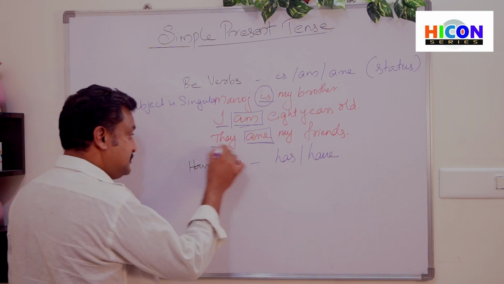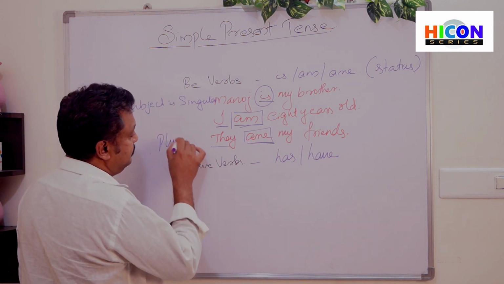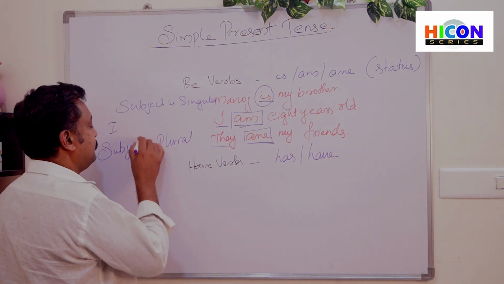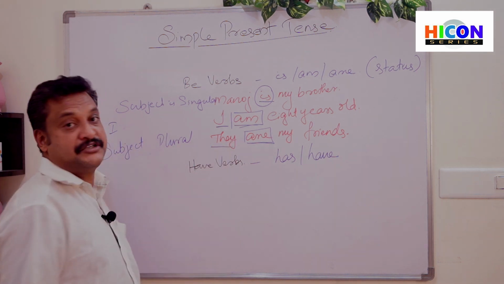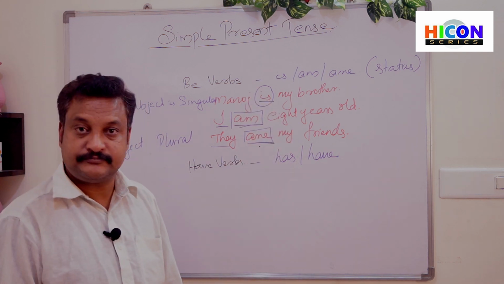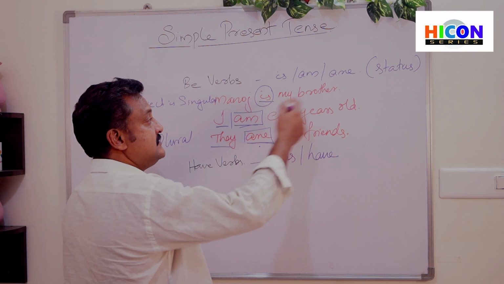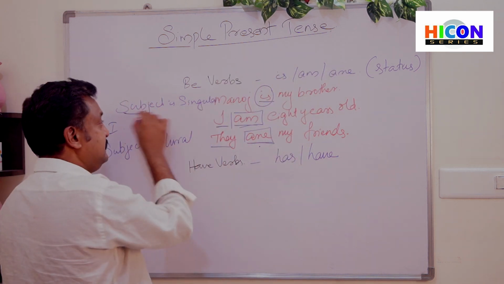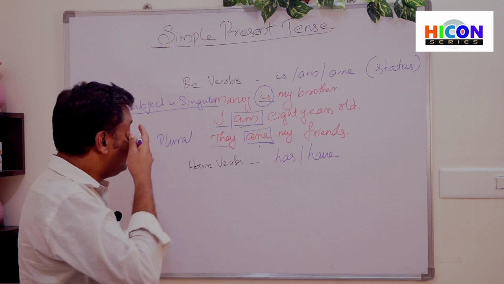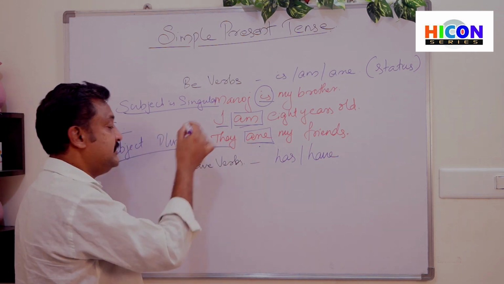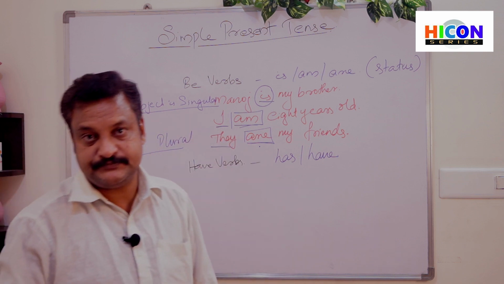And when the subject is plural, the doer of the action is plural, then we use are. Right? So, is is a status verb, a be form, which is used when the subject is singular. Am is used when the subject is I. Are is used when the subject is plural.